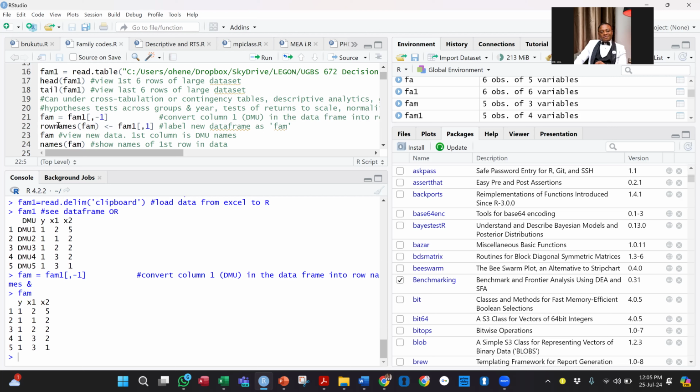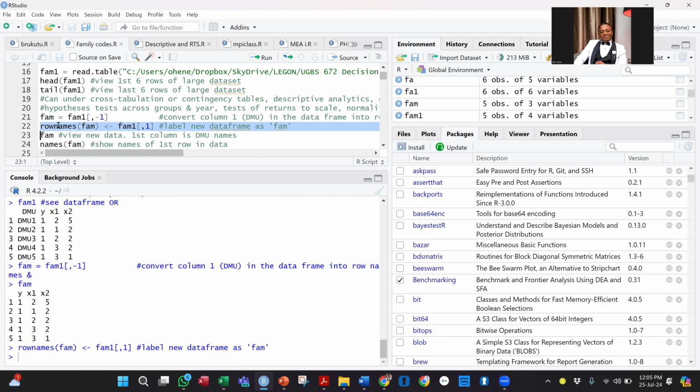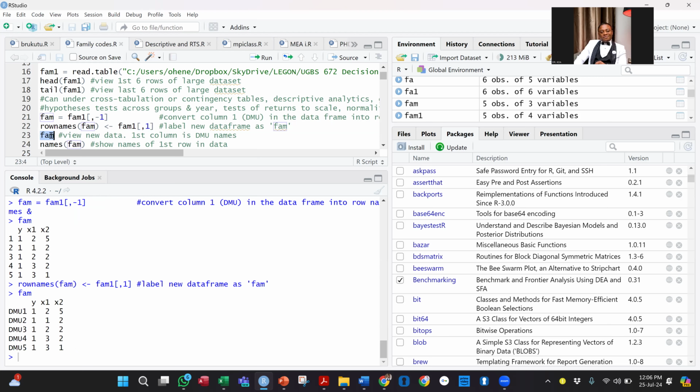So we run this second command, command number 22, with the row names. Once you do the row names, go back and run the farm. What you are saying is: now bring back the DMU names into Farm1 and call it farm. Now let's run the farm again. You see that the farm has replaced all of that information that you see there.